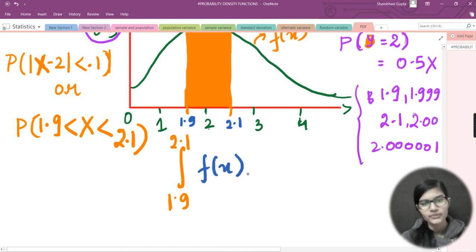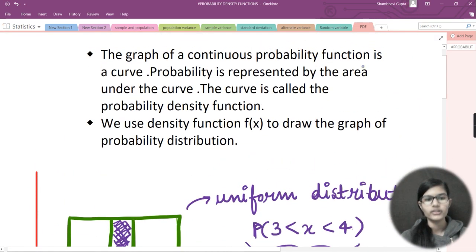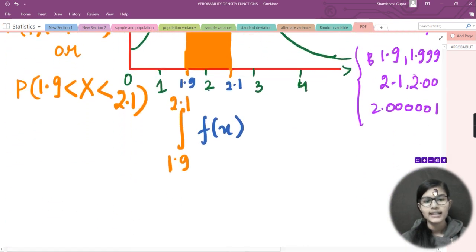Here I write f of x. Go above to the definitions, where I wrote that we use the density function fx to draw the graph of probability distribution. So I wrote the integration from 1.9 to 2.1 of fx dx.